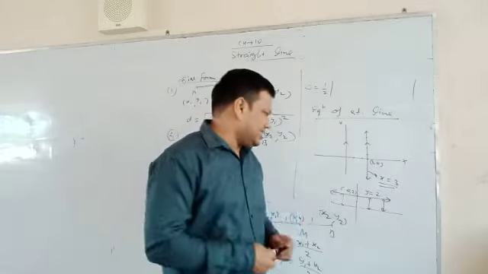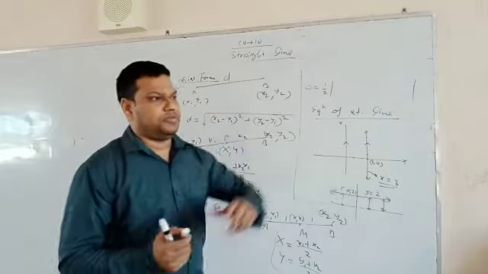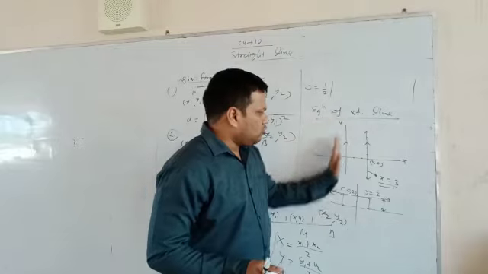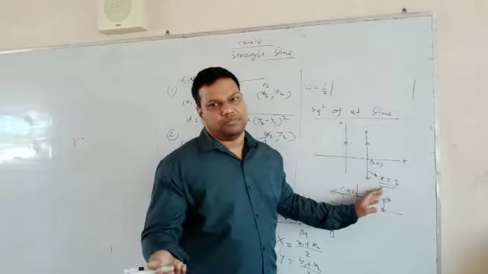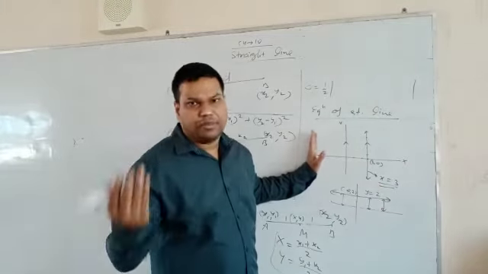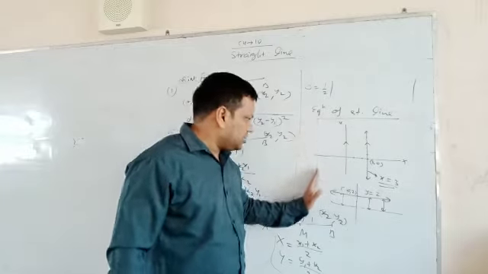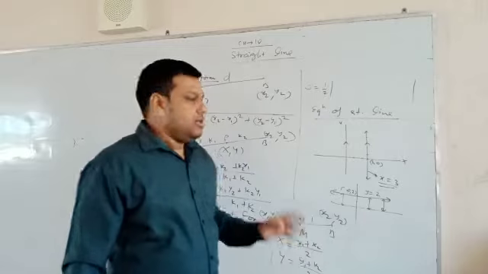So this line is y equal to 2. The general perception is that any line parallel to the y-axis is x equal to something. If it is on the left side of the y-axis, it will be x equal to minus that number. Let's say 3, so x equal to minus 3 and x equal to plus 3, and it can be any number.